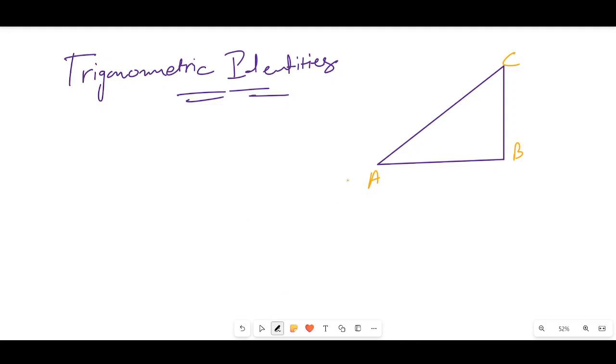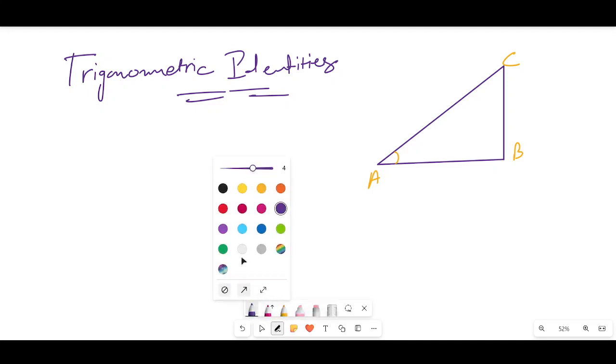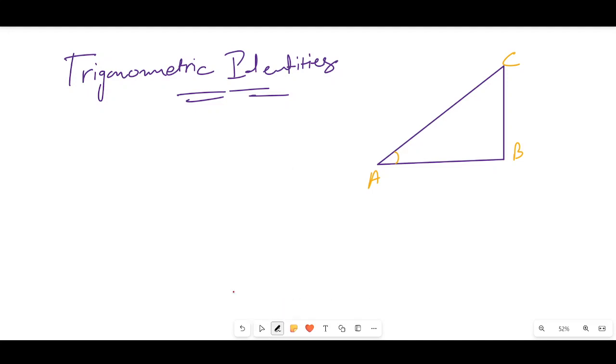Now, because we know the information about sine, cos, tan, everything we have, suppose you want to find the value of sine A. What will be the value of sine A? Clear?